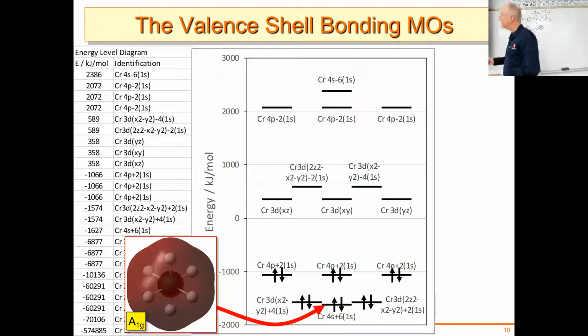So let's look at some of these pictures. This one down here, it's hard for you to see maybe from this distance, but this right here says 4s plus 6 1s. So it's a 4s orbital plus 6 1s orbitals on the hydrogens. And that plus sign means they're in phase, and so everything's red.